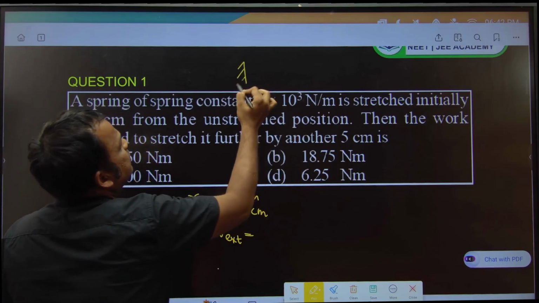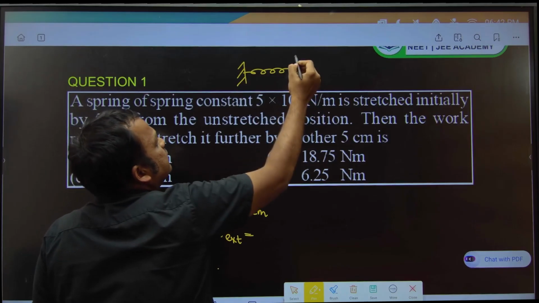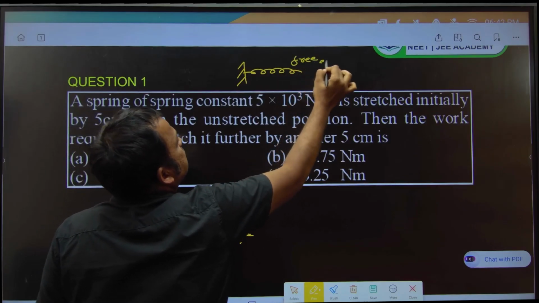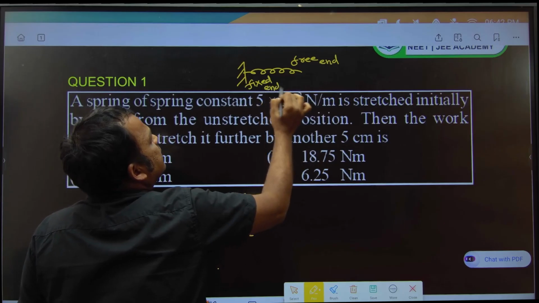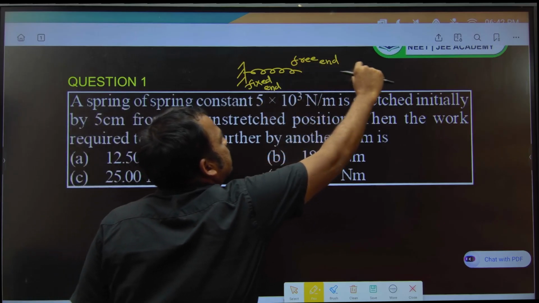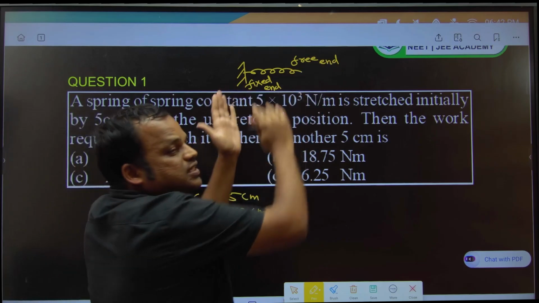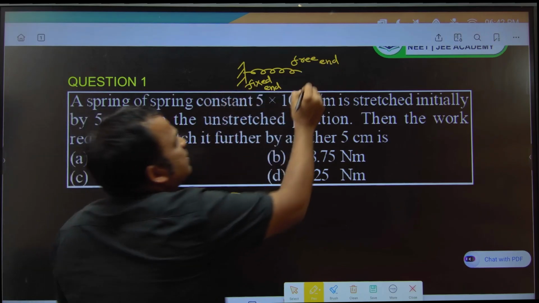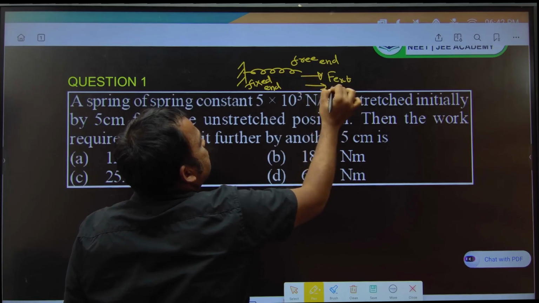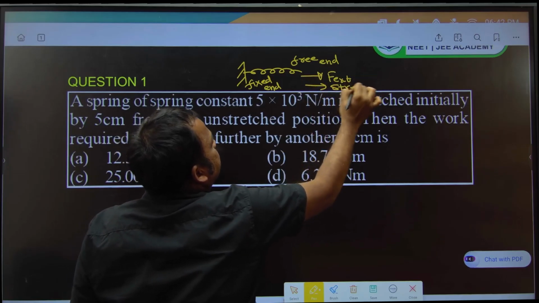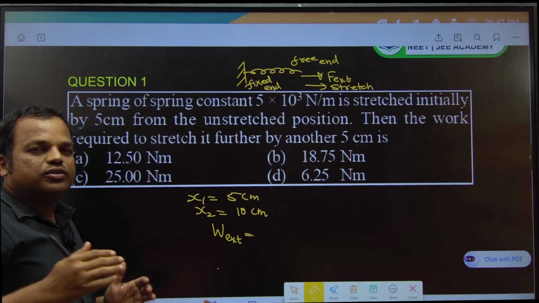Suppose this is the spring, and you are holding the free end, and this is the fixed end. Now you are moving the free end to the right side to stretch the spring. So the external work done is positive, because the external force is to the right and the displacement is also to the right. So the work done by external force will be positive.